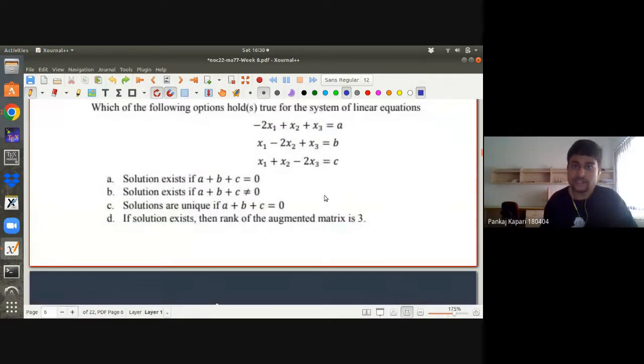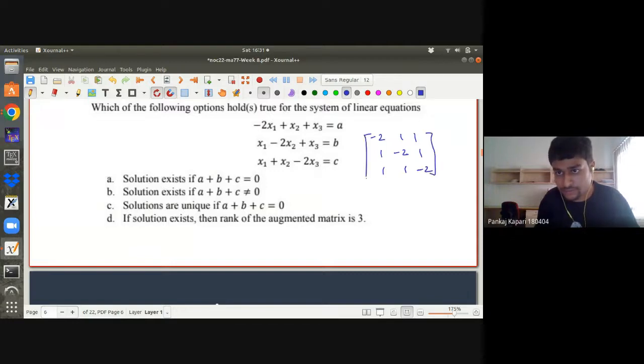Again, we write this in matrix form. In this case, this is -2, 1, 1, 1, -2, 1, 1, 1, -2. So this is our system, equal to a, b, c.